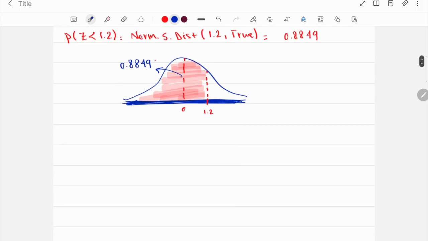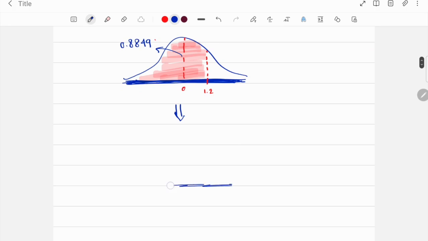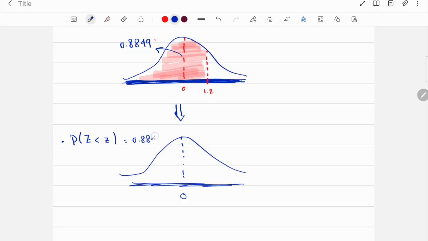Now what we are going to do is the opposite way around. You'll be given the probability, and you are going to give me the z value. If I say that the probability of Z less than a certain z is 88%, to distinguish between the two, there's the capital Z and the small z.